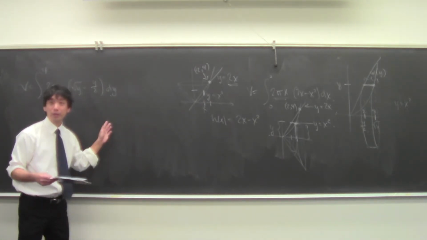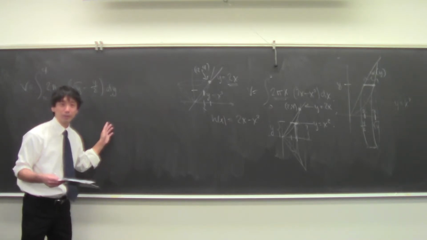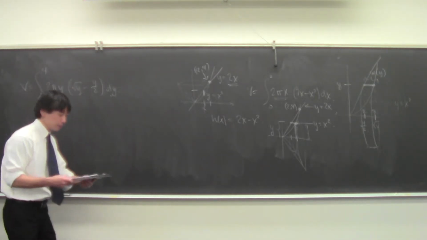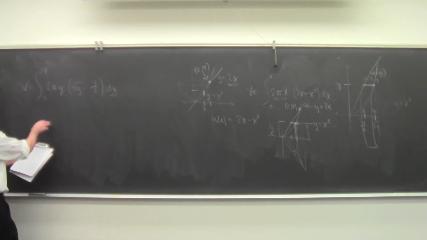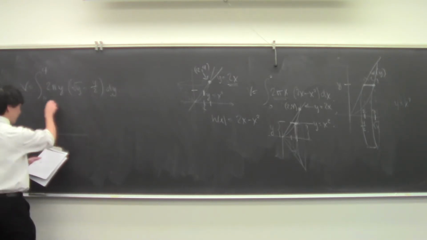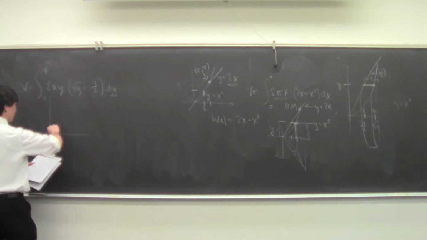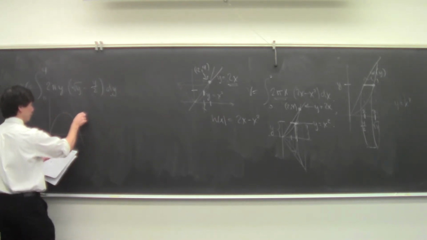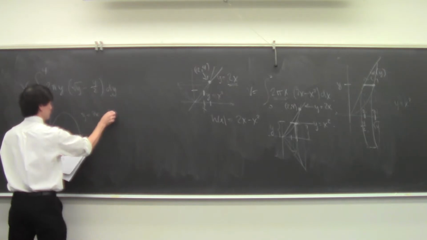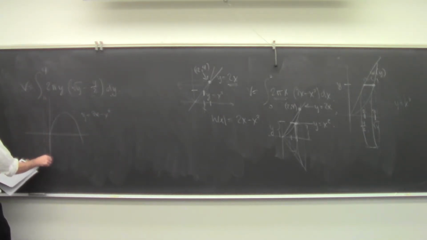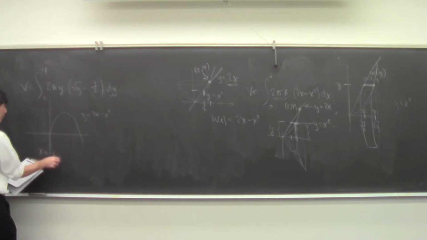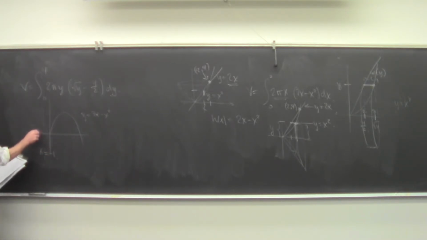Okay. Other questions? Okay, let's do a trickier one, which is the butt cake one that we put up last time. You have y equals 3x minus x squared, and we're going to rotate that around the line x equals minus 1.